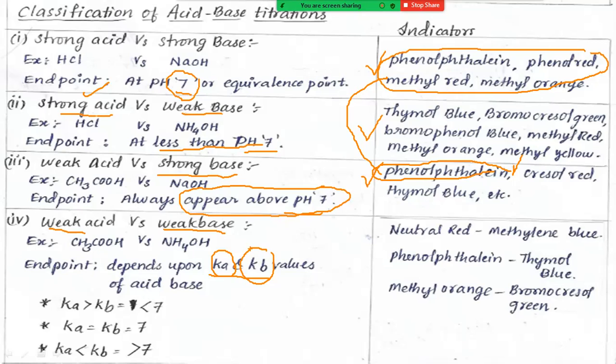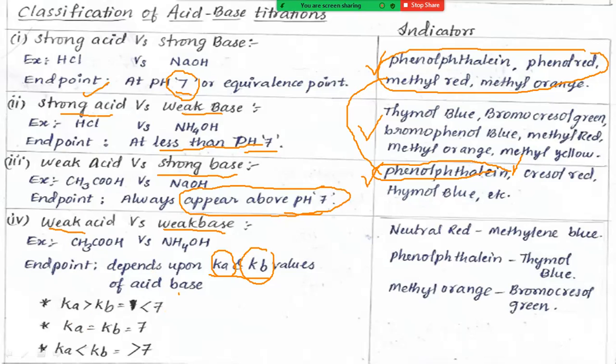So when we are estimating weak acids or weak bases, we can go for non-aqueous titrations. Why? Because non-aqueous titrations are useful for estimating weak acids and weak bases, as these compounds dissolve in non-aqueous solvents such as acetic acid, alcohol, etc. So that's why these compounds are estimated by non-aqueous titrations.